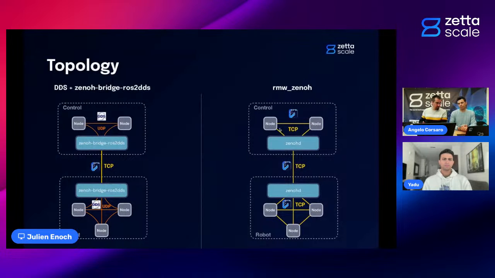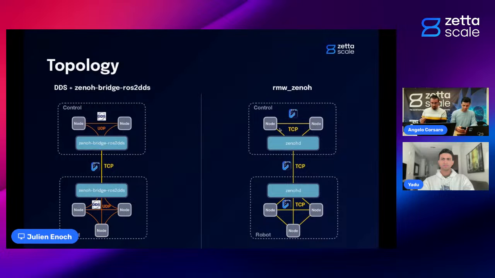And in the middle, you have the bridges, which are interconnected via TCP connectivity. So the bridges are already doing a translation of protocol between DDS and Zeno protocol. And again, TCP by default, but you could select QUIC, you could use TLS, you could have mTLS. And for Zeno, you already have a big choice of transports available.